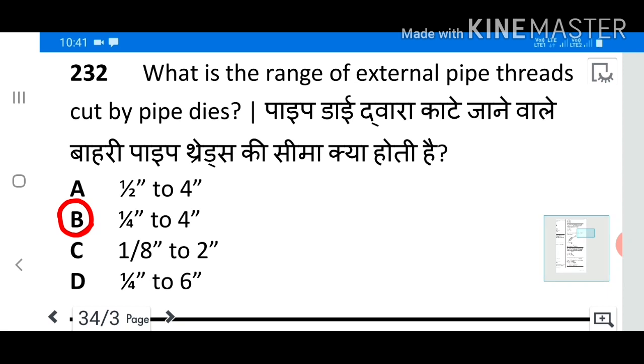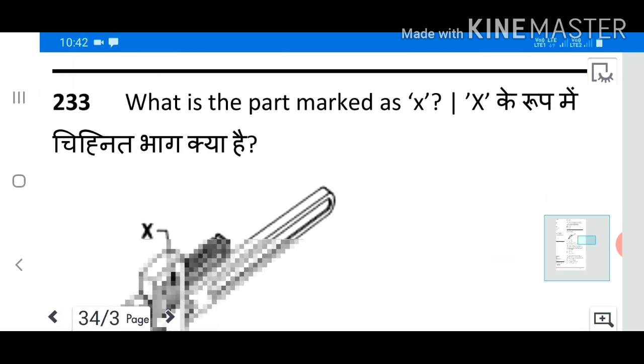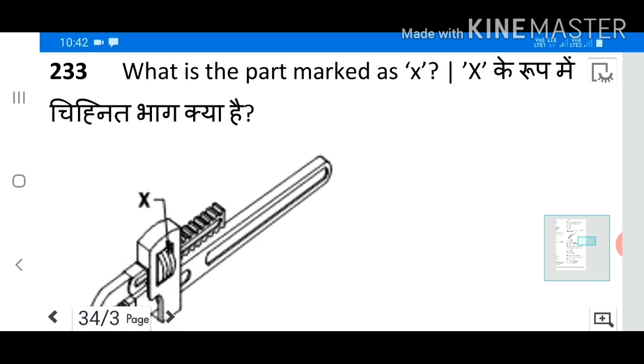232. What is the range of external pipe threads cut by pipe dies? Answer B. 1/4 inch to 4 inch. 233. What is the part marked as X?